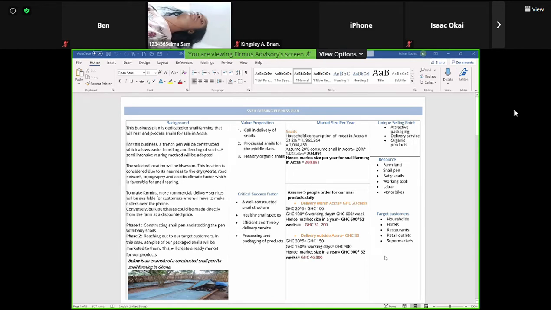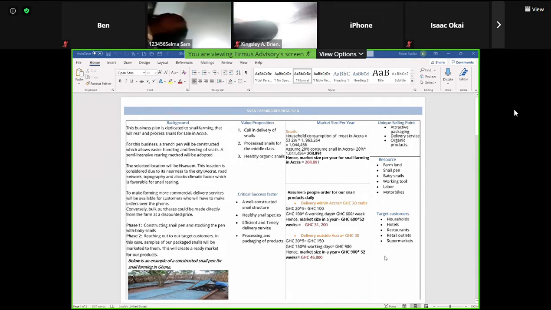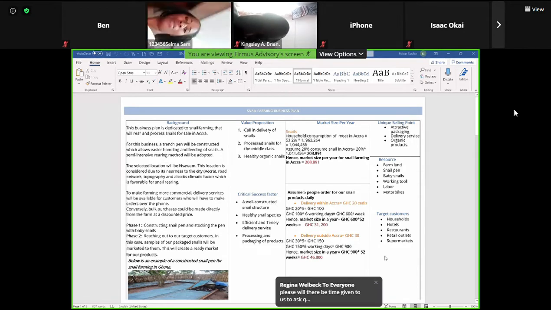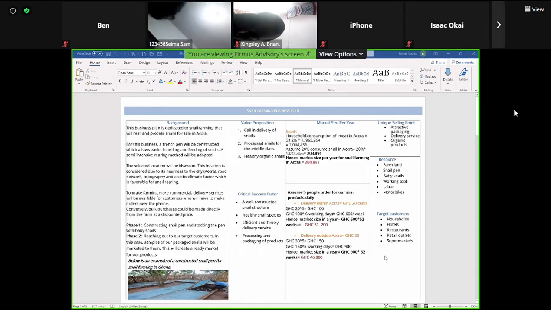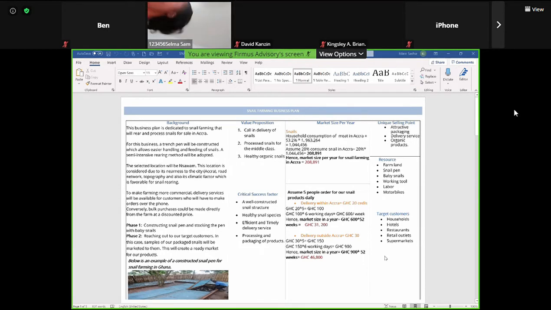What are the things that I need to set up the snail farm? I need a farmland, I need a snail pen, I need baby snails, I need working tools, I need labor, and I need a vehicle for my delivery. Now, somebody will ask who are the partners. I can decide to outsource my delivery. So in doing that, my partners then become the delivery companies that I'll use.